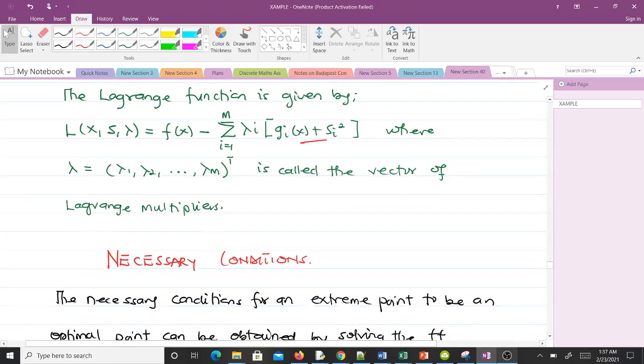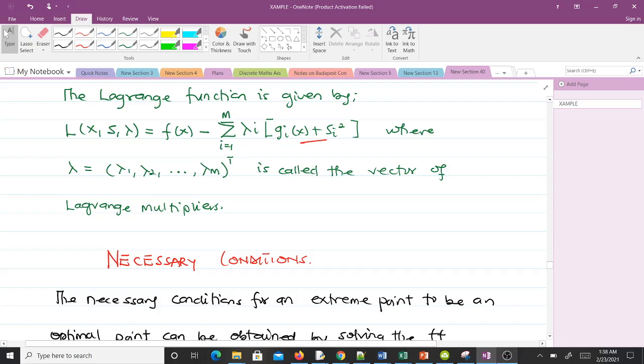A quick recap of what we've done so far. In this video, we are trying to solve multivariable functions when you're optimizing them and you have inequality constraints. When you have inequality constraints, we don't have methods for solving them, but we have methods for solving them when we have equality constraints.